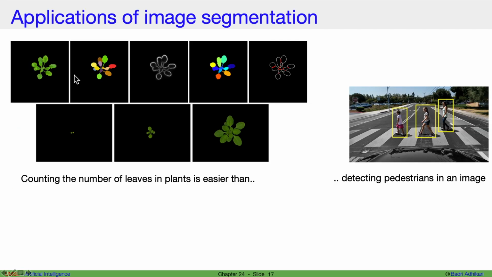Let's look at some applications of segmentation. One application can be something like counting the number of leaves in plants. Say, for example, in a plant research facility, the researchers are looking at how fast a plant grows and how many leaves a plant has, and let's say there are cameras installed to take a look at the plant's growth.